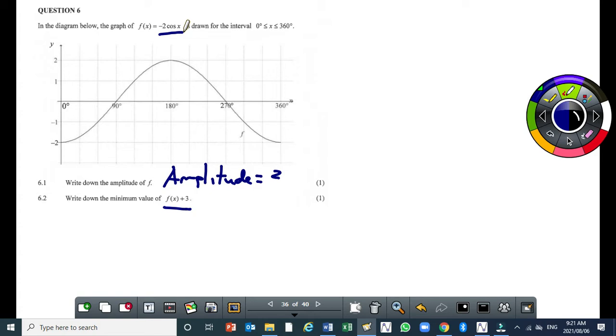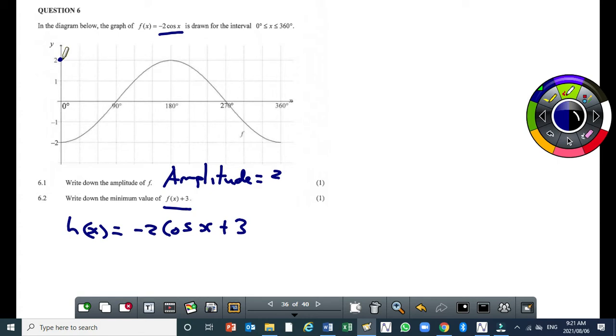Okay? If I want, I can call it h of x, because later I have got g of x. So that new graph is going to be minus 2 cos x plus 3. So what that means is this graph that you are seeing here is going to be moved 3 units up. So the maximum turning point is going to end up at what?